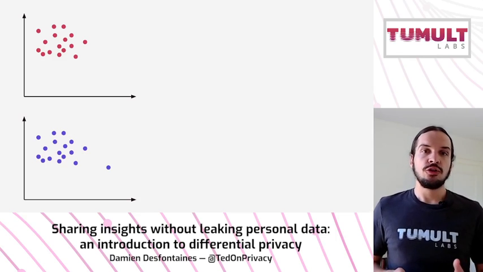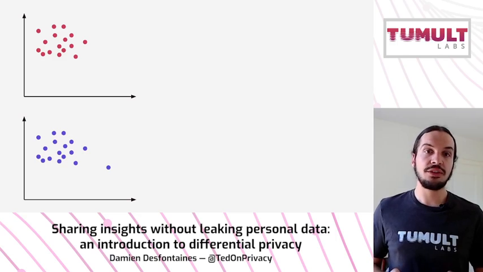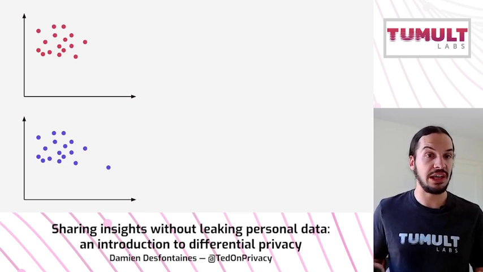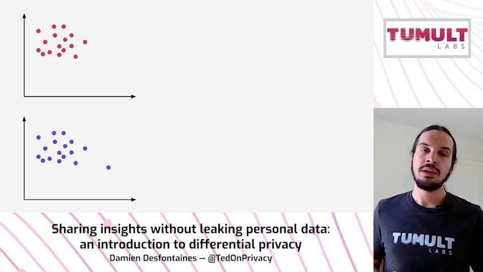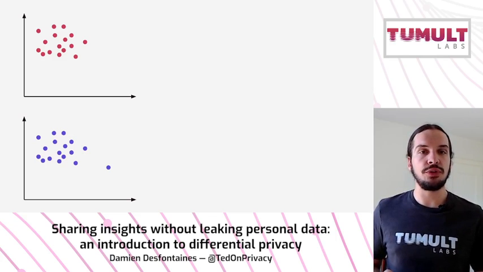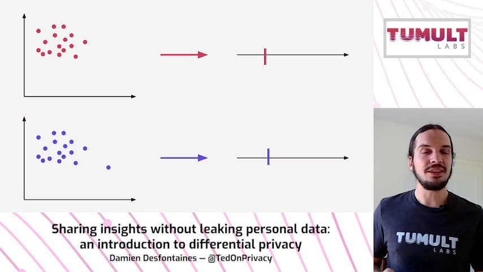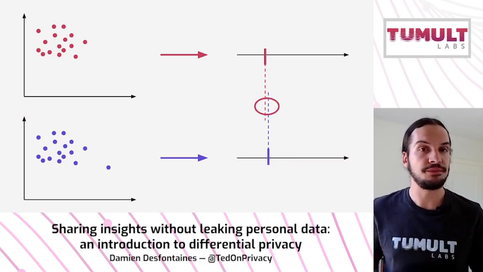But now, suppose that our second database is almost the same as the previous one. There's only one data point of difference between the two, just like we said before. Then if all we do is compute the average, we can see a change here. It's a small change, but it's still observable.